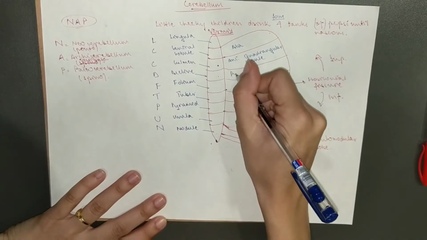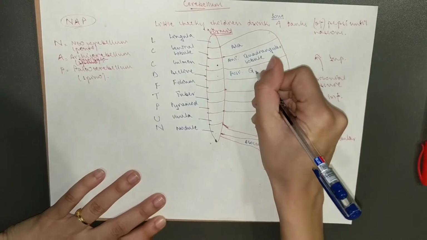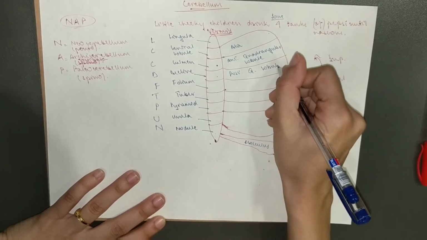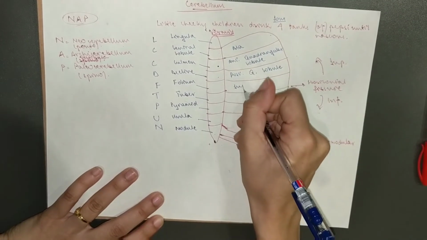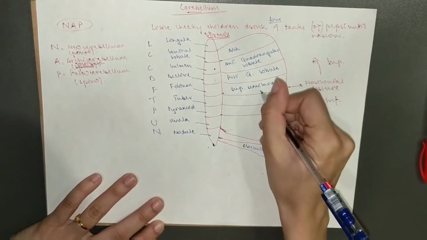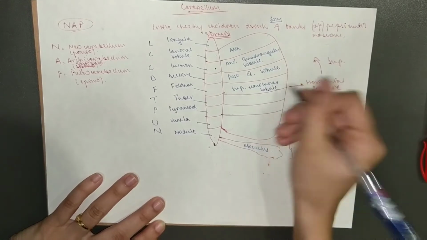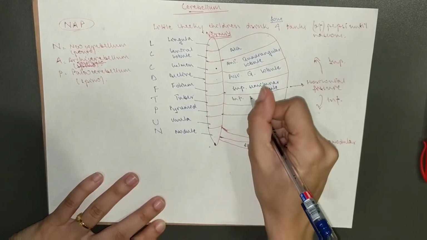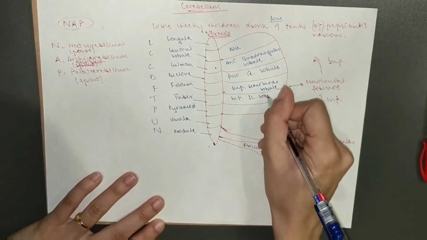Then the posterior quadrangular lobule. Then you've got the superior semilunar lobule. And if you have a superior, obviously you'll have an inferior semilunar lobule.